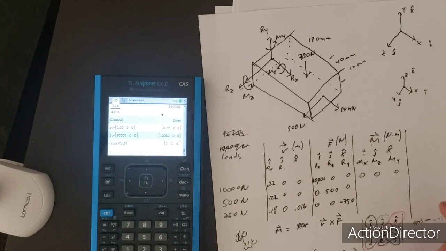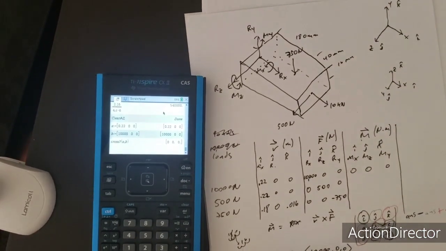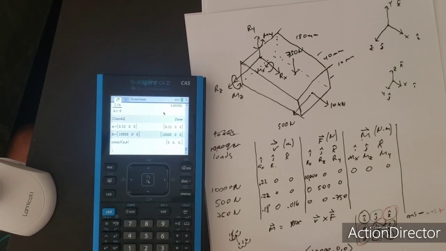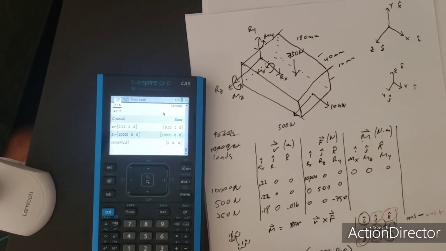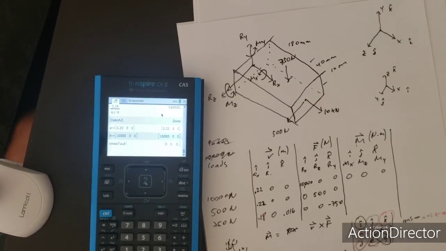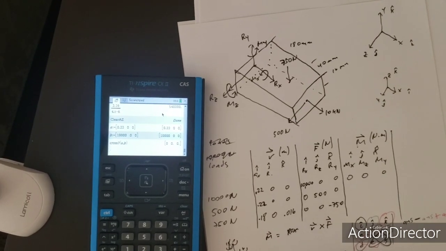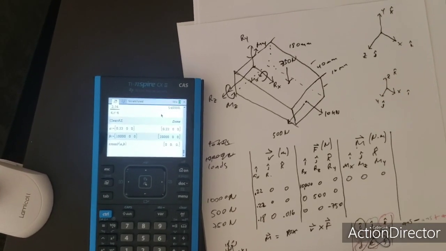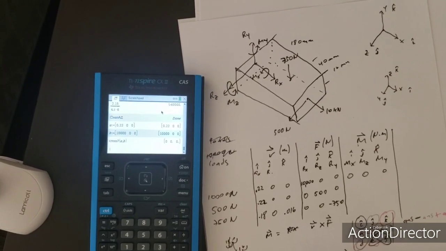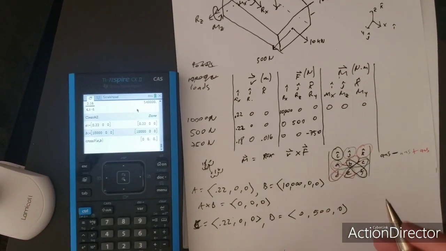Okay, let's see. So if I have this one, 500, I'll name vector B as 0.22, 0, 0, and vector C, this is vector C. Vector D is 0, 500, 0. There you go.